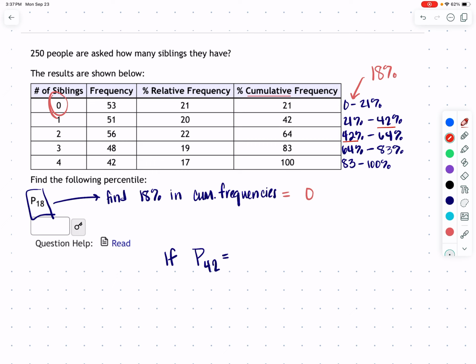It occurs in the number of siblings, so 1 sibling or 2 siblings. It pops up over there twice on the right. So what we do is we split it. 42 is right on the line right here. So we want to average the number of siblings that are sort of straddling that 42 percentile line, or that 42% line. And that ends up giving you 1.5 for P42, just in case that should come up again.